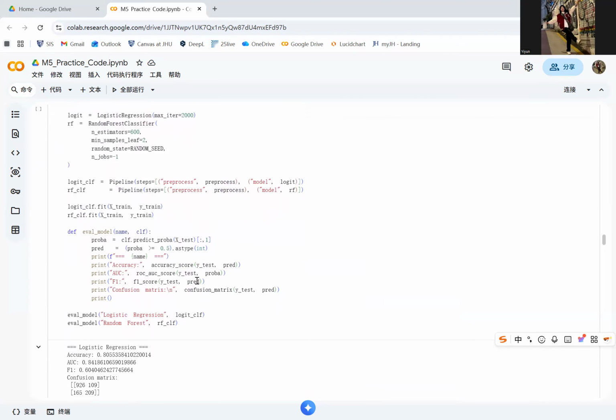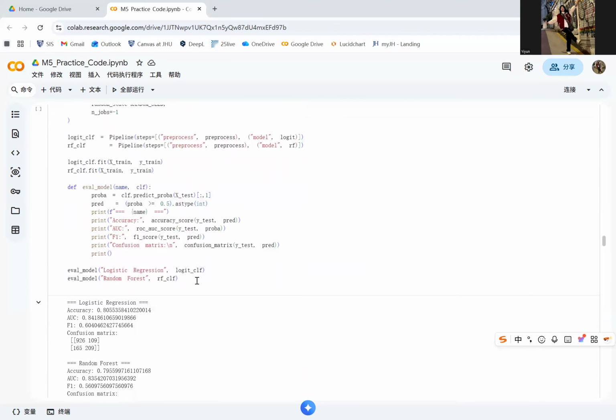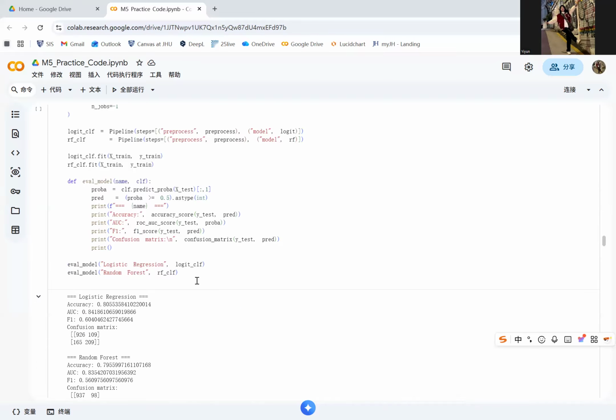Recall measures how many actual churners are correctly identified by the model. The F1 score balances precision and recall, and ROC AUC measures how well the model distinguishes between churn and non-churn customers across all possible thresholds.